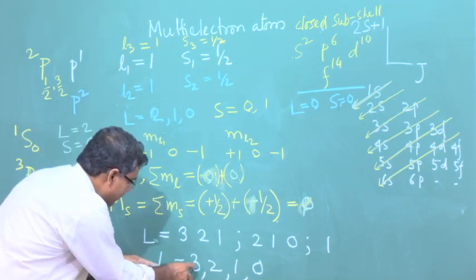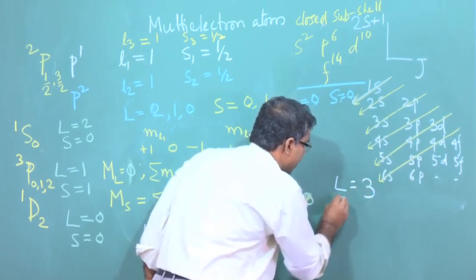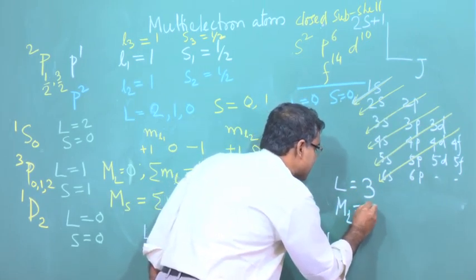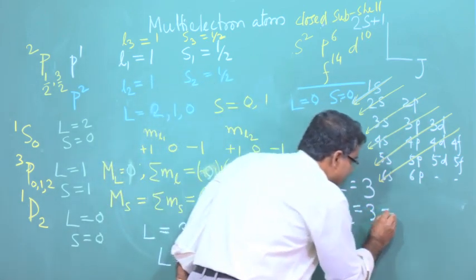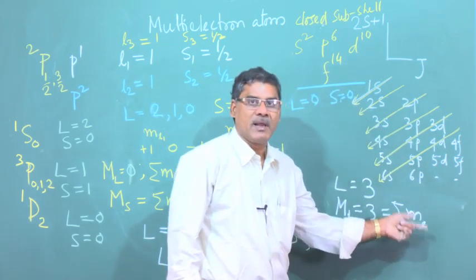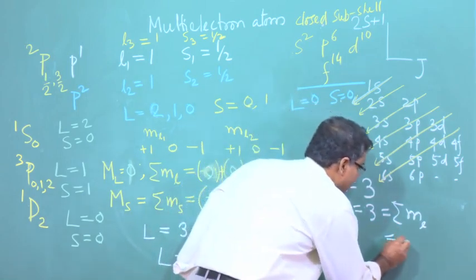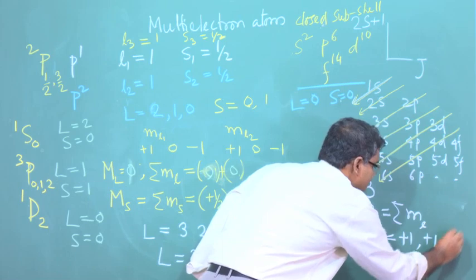So for L equal to 3, the maximum value of capital ML will be plus 3, and this will come from the sum over the individual ML, ML1, ML2, ML3. So only this will come for plus 1, plus 1, plus 1, right.